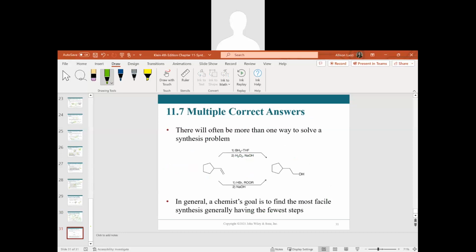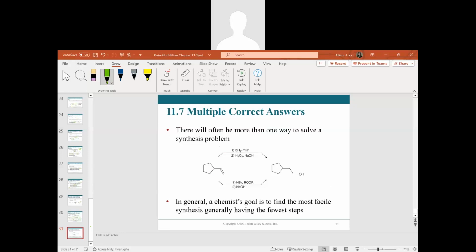You might notice that there's often more than one way to solve a synthesis problem. In general, there could be many ways if you don't care about efficiency or green chemistry, utilizing all of your atoms and not producing a lot of waste. Depending on those factors, you may find multiple ways to solve a synthesis problem.